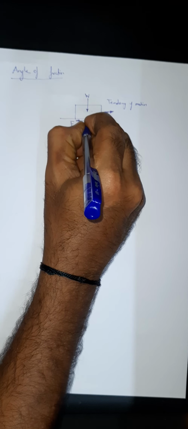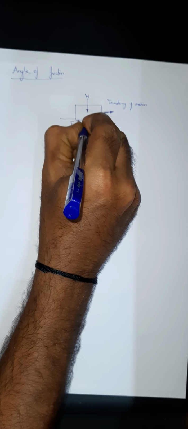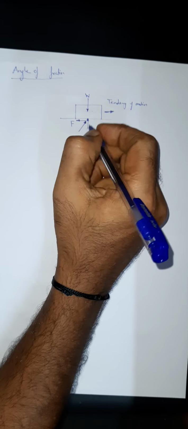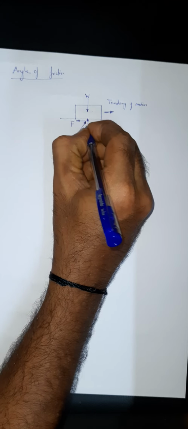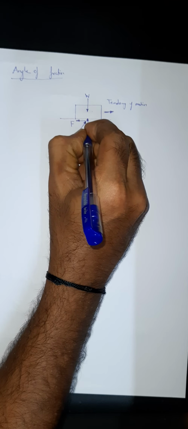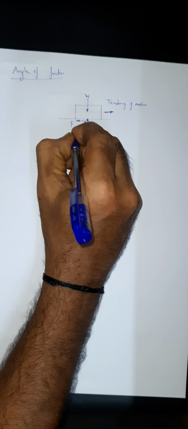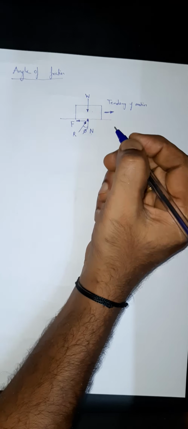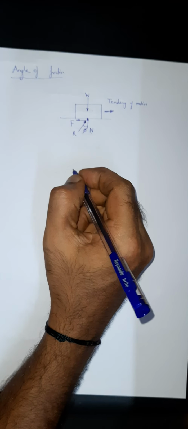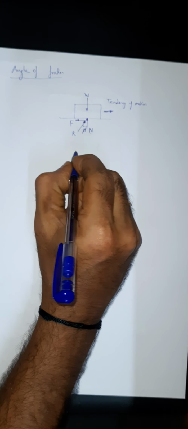As you know, there is a resultant force always acting diagonal to the two forces. The angle between the normal reaction and the resultant is the angle of friction, which is phi, right? So I am going to draw a small triangle of this.